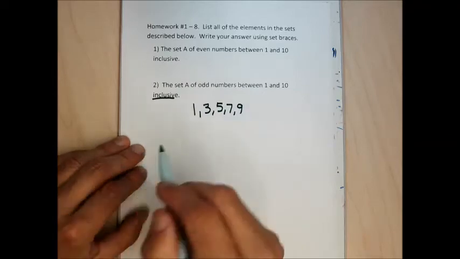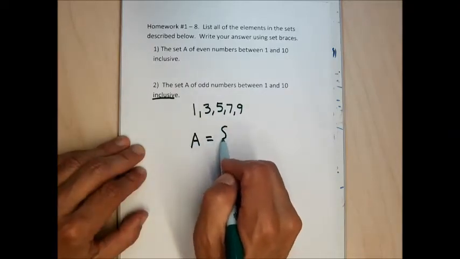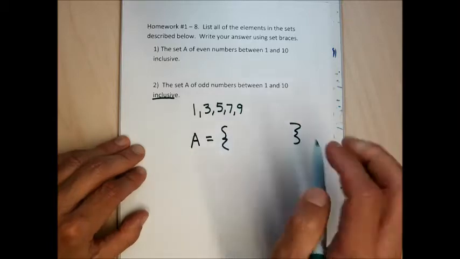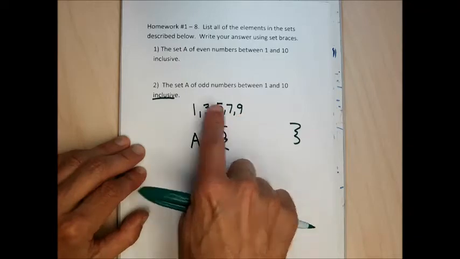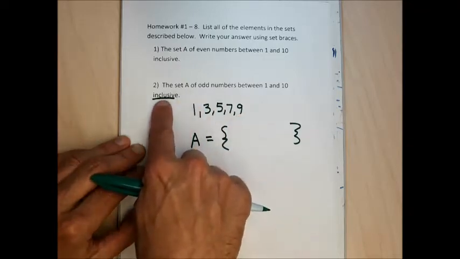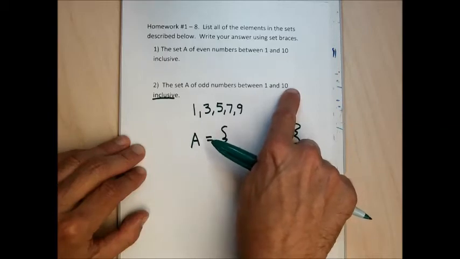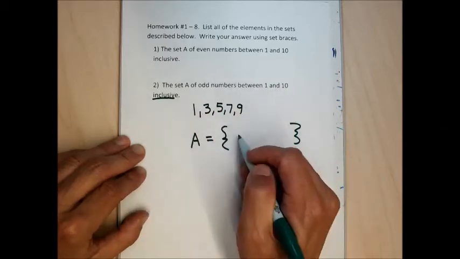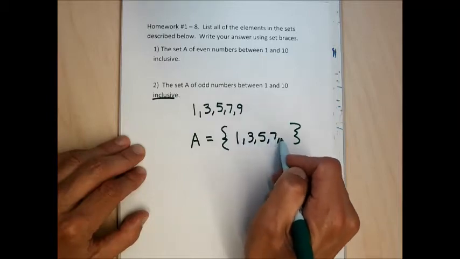And when I go to write down what set A is, I'm going to write the letter A, followed by my set braces, and I'm going to put all the odd numbers between 1 and 10, and I'm going to include the 1, and I would include the 10 if it was an odd number. So these numbers that I've listed are all going to be included in my set A.